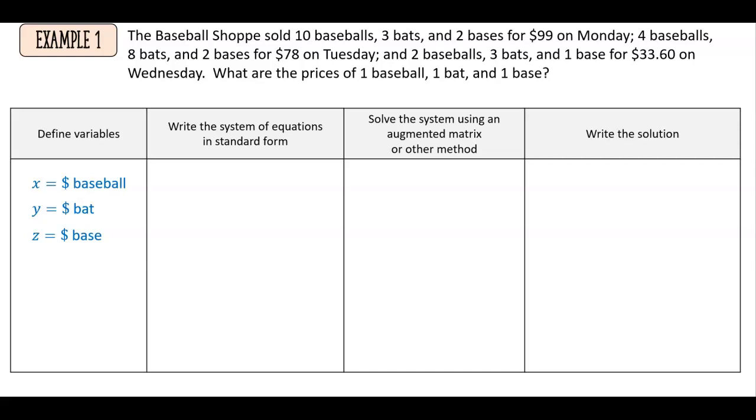Very good. So check it out. Your first equation. If you know 10 baseballs, 3 bats, 2 bases give you 99 bucks, then that's how you can write it as an equation. So what would my second equation be?